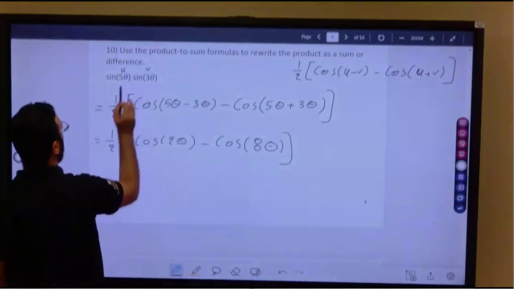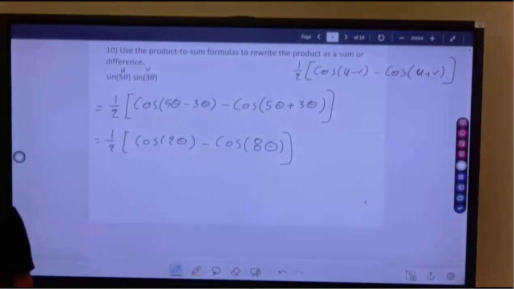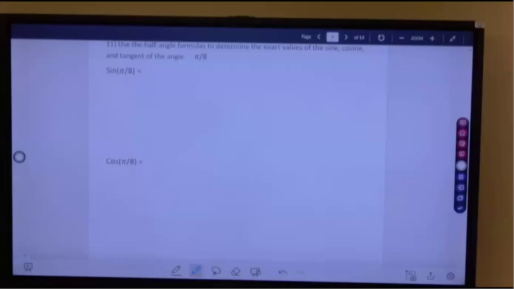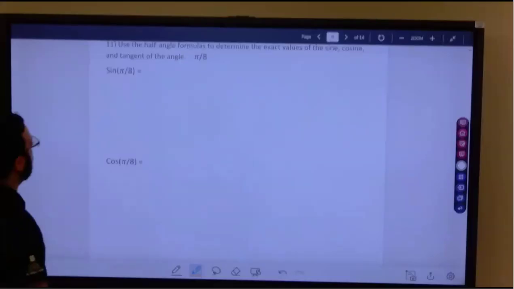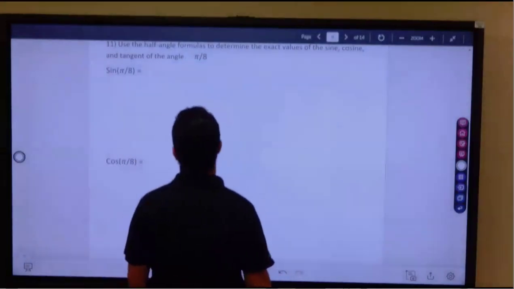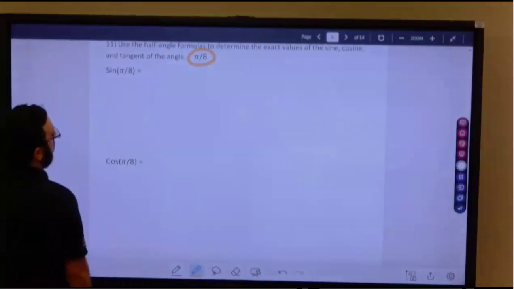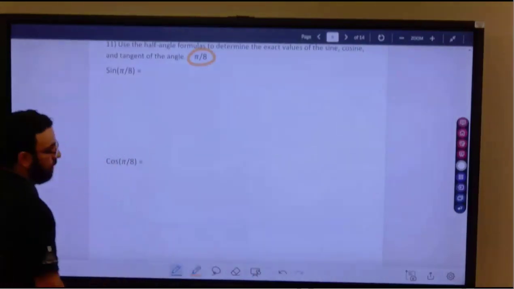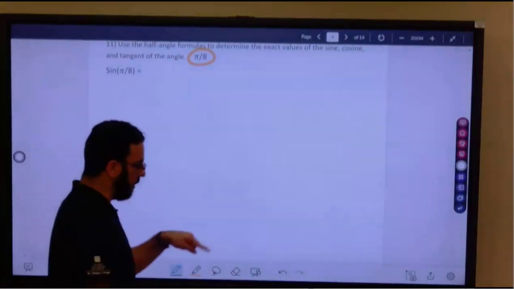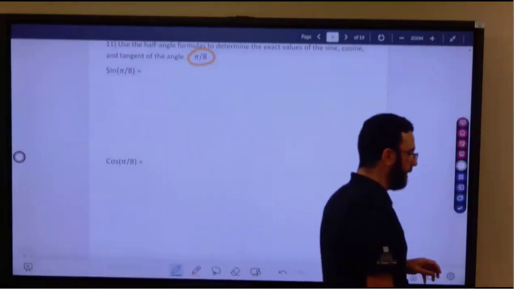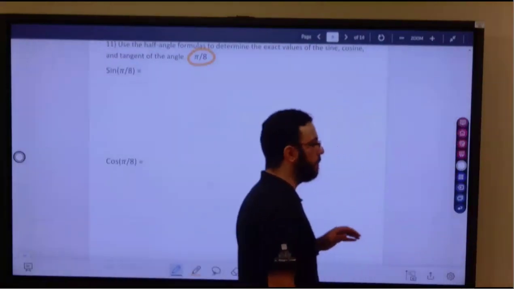We converted the product to a difference between two cosine functions. For example 11, we want to use the half angle formulas to determine the exact value of sine, cosine, and tangent. But here's the angle, pi over 8. If you look at the circle of angles, you can't find angle pi over 8.